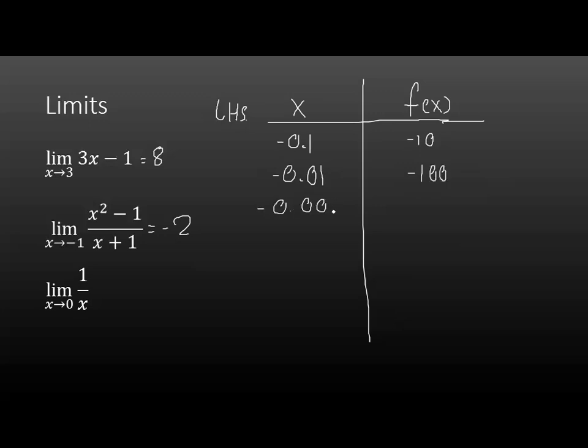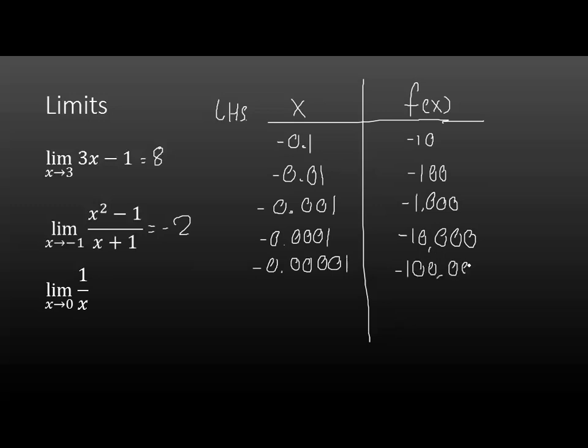Now, if we get closer and closer to 0, so we will have 3 decimal places. So we will have negative 1,000. And we get even closer. The answer is negative 10,000. All right. And last but not least, we have negative 100,000.